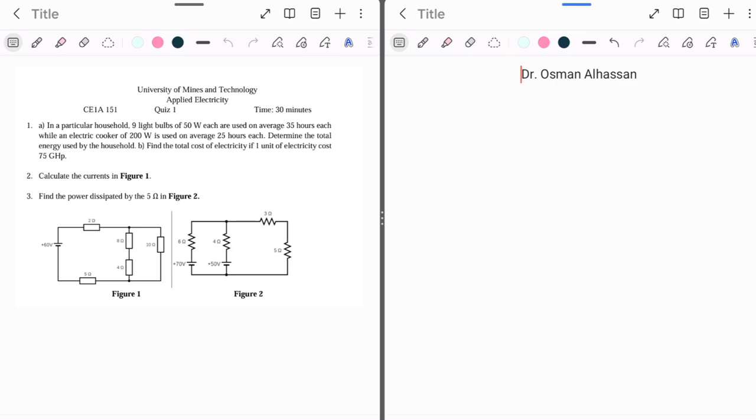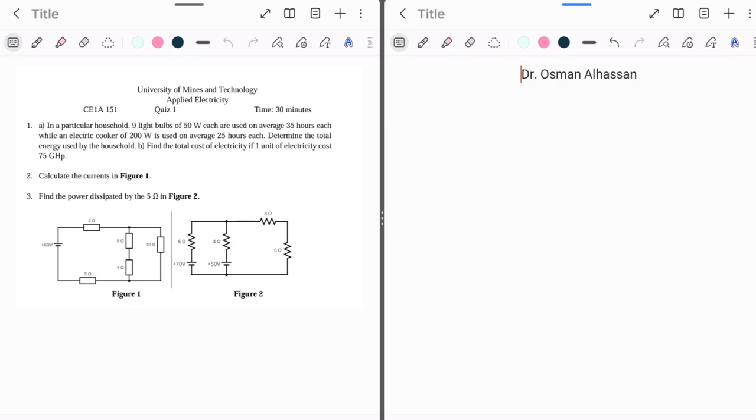So the method that we have looked through, and this solution that I'm going to be providing, I'm going to be using for the circuit problems, meaning for question 2 and question 3.